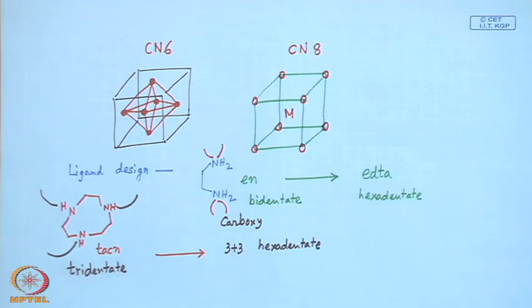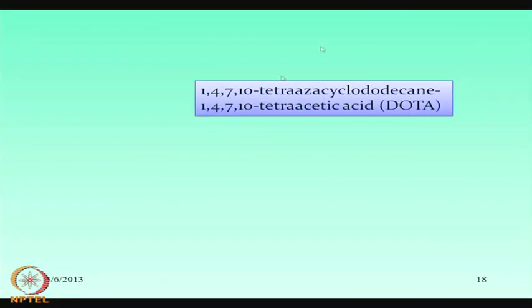Similarly, we can go from a macrocyclic ligand which is tetradentate, which is 1, 4, 7, 10 tetraazacyclododecane. This tetraazacyclododecane is a tetradentate ligand bearing nitrogens in the macrocycle at positions 1, 4, 7 and 10.